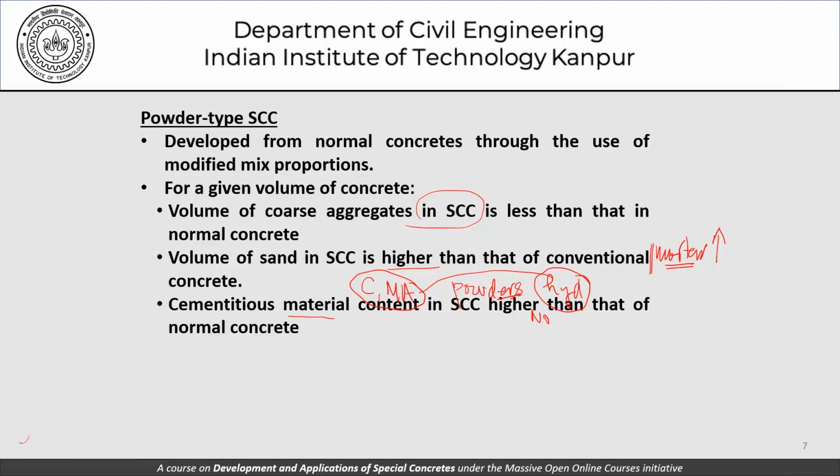If they do not take part in the hydration reaction, they can still be part of the paste because they are comparable in fineness to normal cements or mineral admixtures and contribute to the higher powder content. And what we are actually interested to do is to increase the powder content.